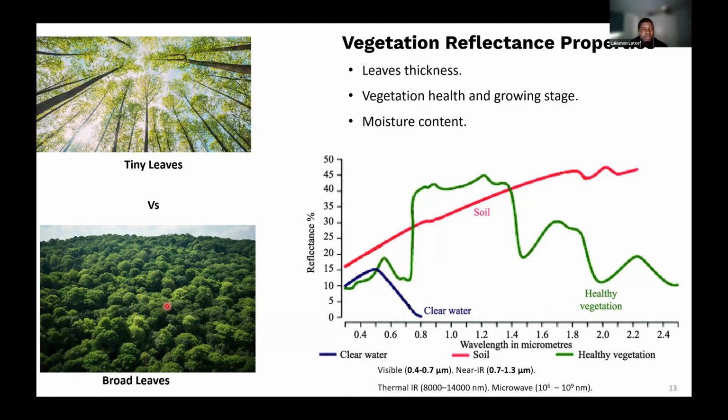But in the case of very broad and dense leaves, once the radiation hits the leaf, it's going to reflect a large amount of energy back to the sensor, which is going to clearly represent healthy vegetation.